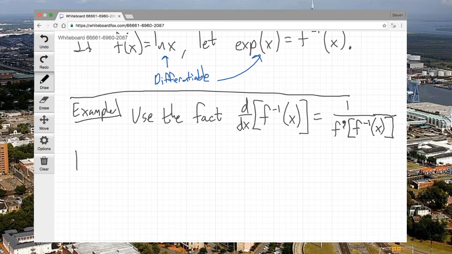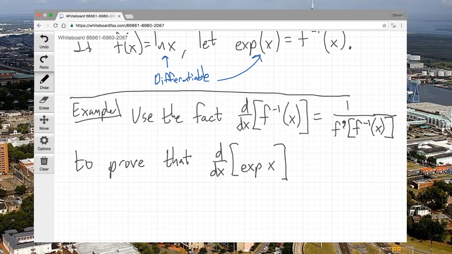I'm going to use that fact to prove that the derivative of the exponential function, exp of x, which I'll eventually call e to the x, is just itself.